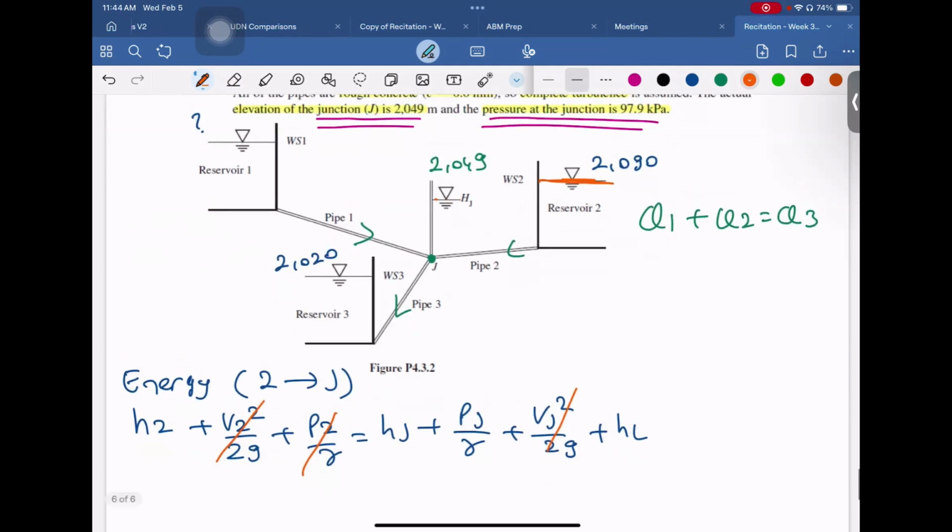However, we have a pressure head, and we can calculate it as it is given as 97.9 kilopascal, and it means it is 97,900 pascal over gamma, and gamma is specific weight, and it was 9,790 Newton per cubic meter.